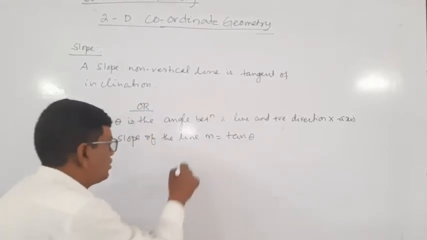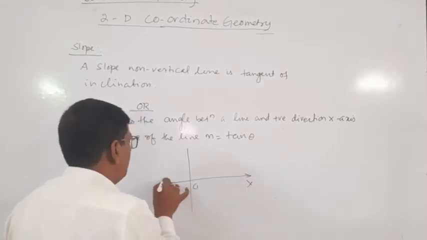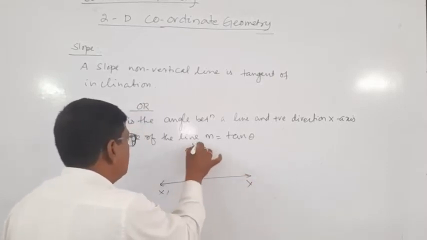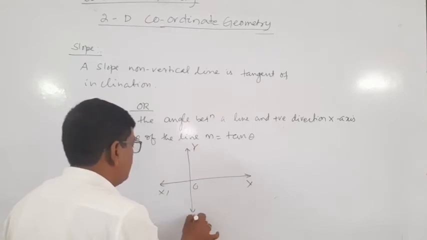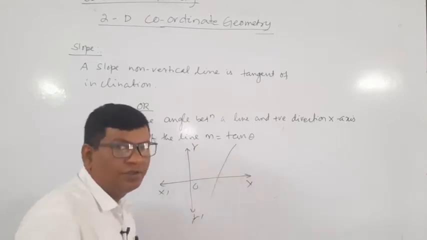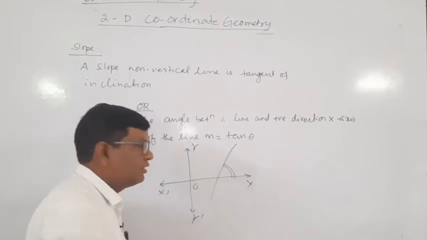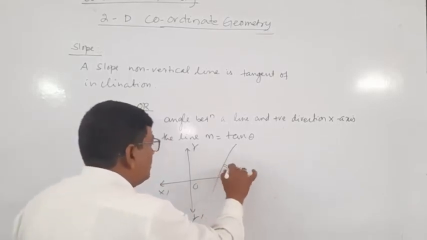In the figure, suppose this is the coordinate axes X'OX and this is Y'OY. Suppose this is the line. This angle theta is considered the angle of inclination.